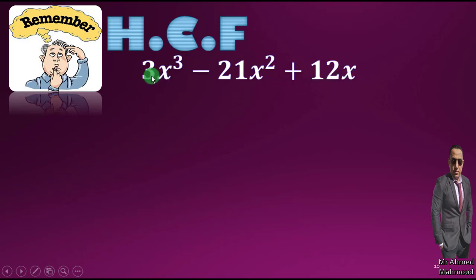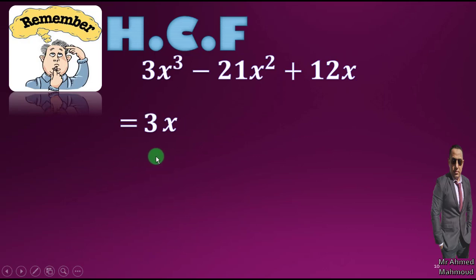By looking carefully at the three numbers, 3, 21 and 12, they are in table 3. And x power of 3, x power of 2 and x power of 1, x here is common in the three terms, so I'm going to choose the smaller power. Which one is the smaller power? The smaller power is x power 1, so I'm going to choose x. So here the common factor is 3x.